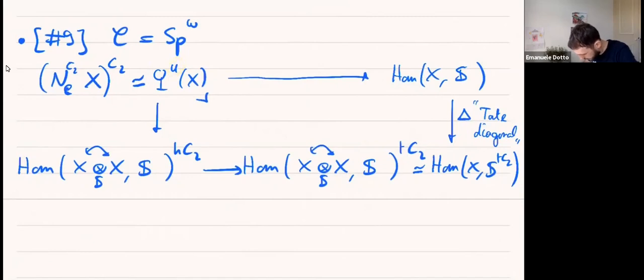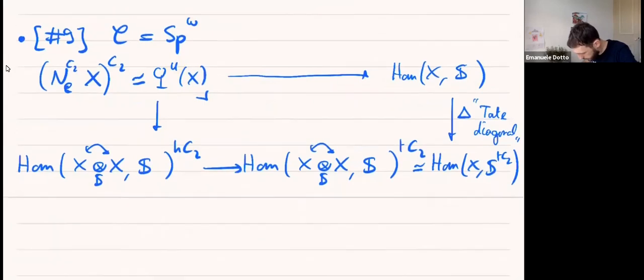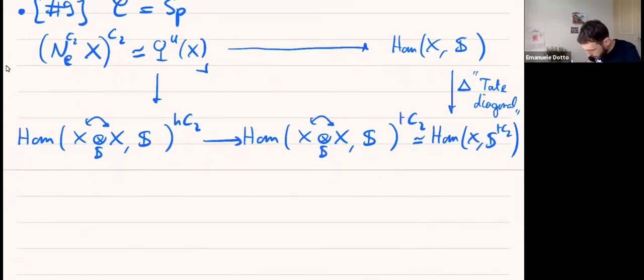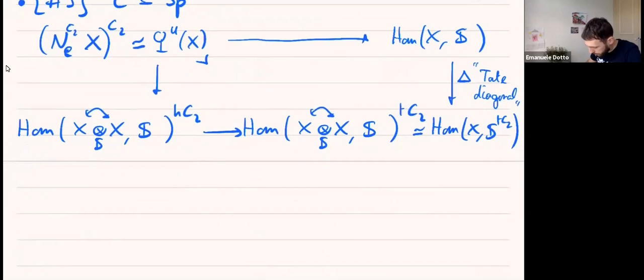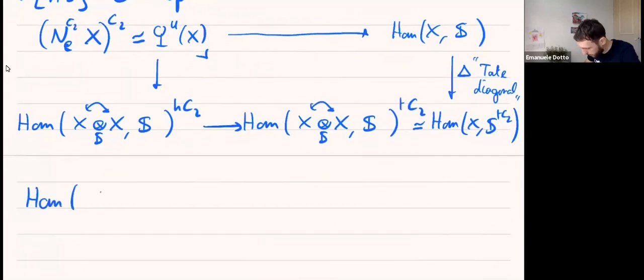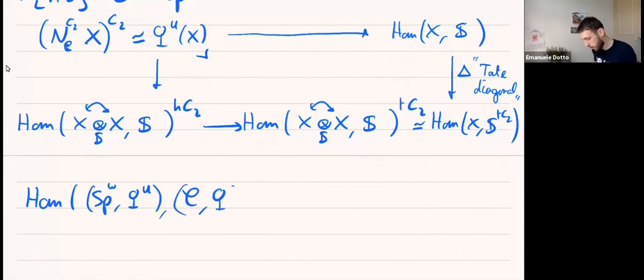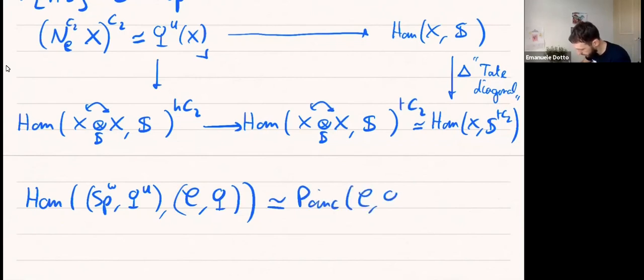It's interesting because it co-represents forms. So if you take spectra with this specific Poincare structure into any other Poincare category, so now I'm jumping ahead of myself a little bit, but these pairs of a category with a Poincare structure define a category themselves that I can take hom in, and this is equivalent as a space to the space of Poincare objects in C. So they co-represent forms.